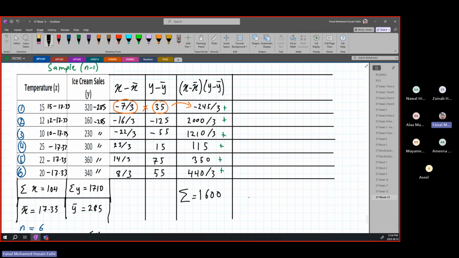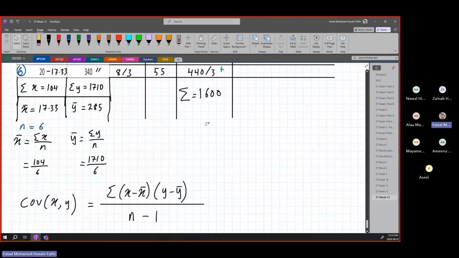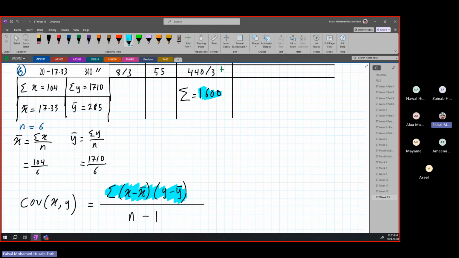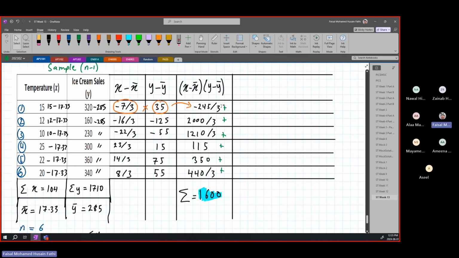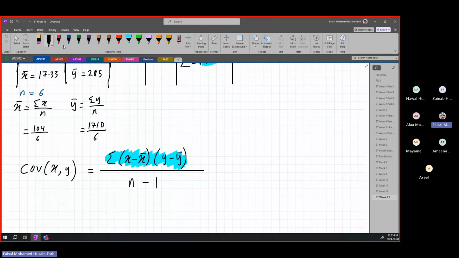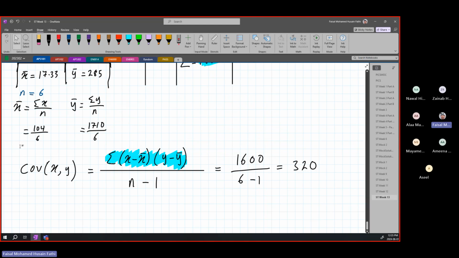All right. And that's it. And now you can plug it into the equation. So this is the value of the numerator, the sum of x minus x bar times y minus y bar, which is what we have found here. So this is going to be equal to 1,600 divided by n minus 1. Our n is 6 minus 1, which is equal to 320. So this was our first step.